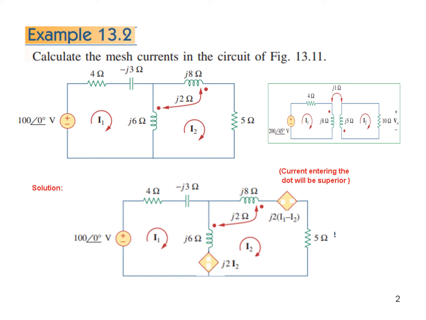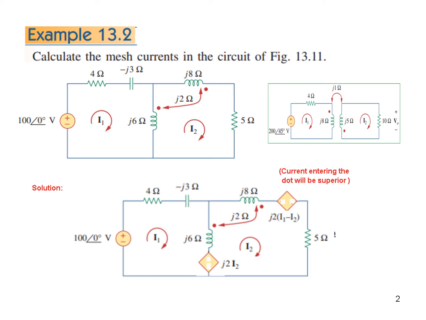Now what about here? Whatever current is flowing through this coil will influence the value of the mutual voltage. Now the current here is I1 minus I2 or I2 minus I1. That could be confusing, so I have written here that the current entering the dot will be superior.